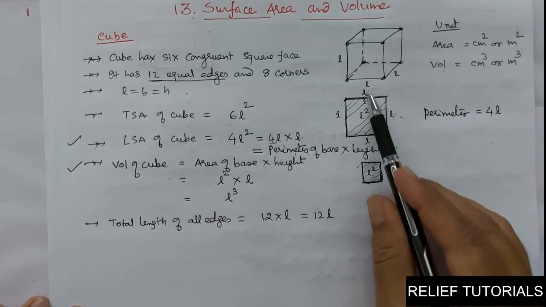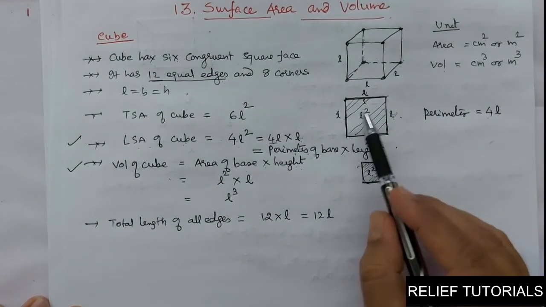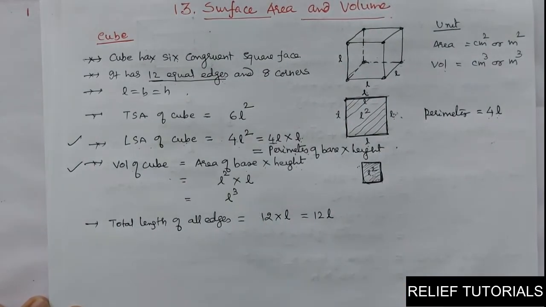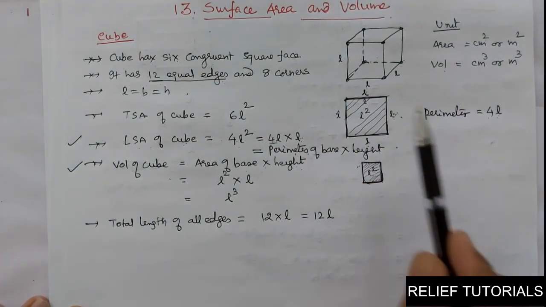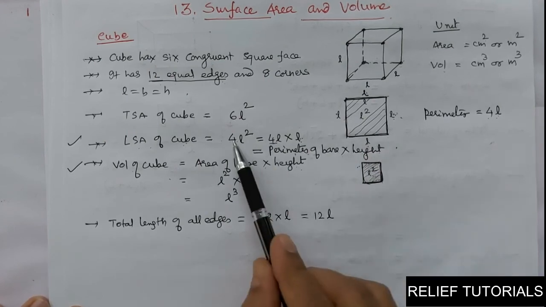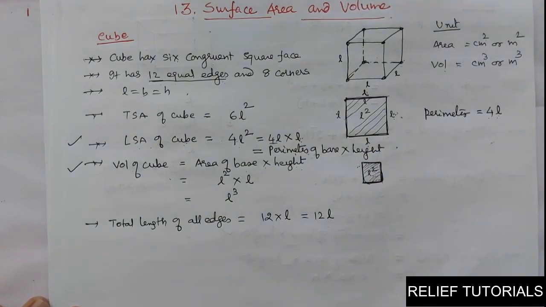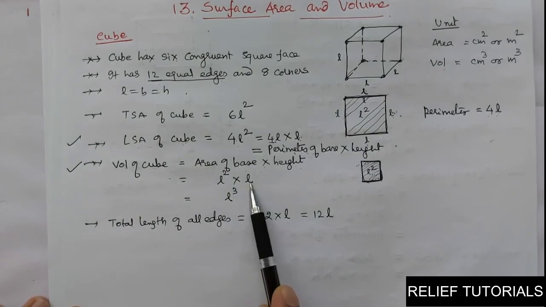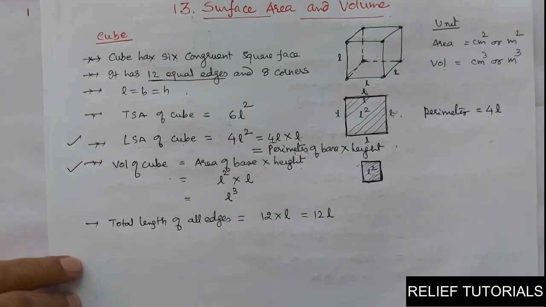In case of a cube, it is a square, so the perimeter will be 4L and height is L, so it will be 4L squared. Or in short, in case of a cube, the area of one face is L squared, so 4 faces is 4L squared. And volume, I told you, is area of base into height. Area of base is L squared, height is L, so you get L cubed.